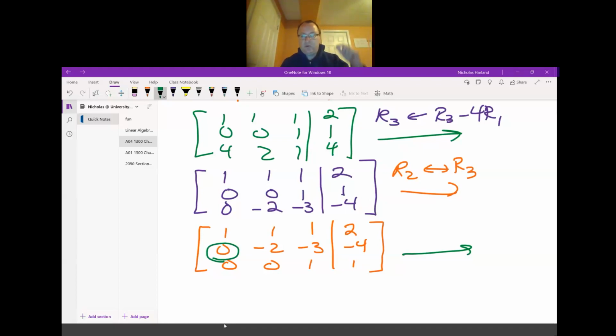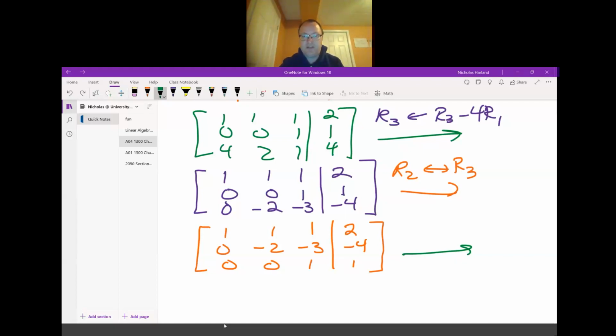So be careful here. If you have a leading 1 in the first row, when you move to the second row, using the first row to do anything to the second row is just going to cause problems earlier in that row, which we just don't want. So as much as it would have been nice to use this 1 to turn the negative 2 into a 1, unfortunately, it just doesn't work nicely.